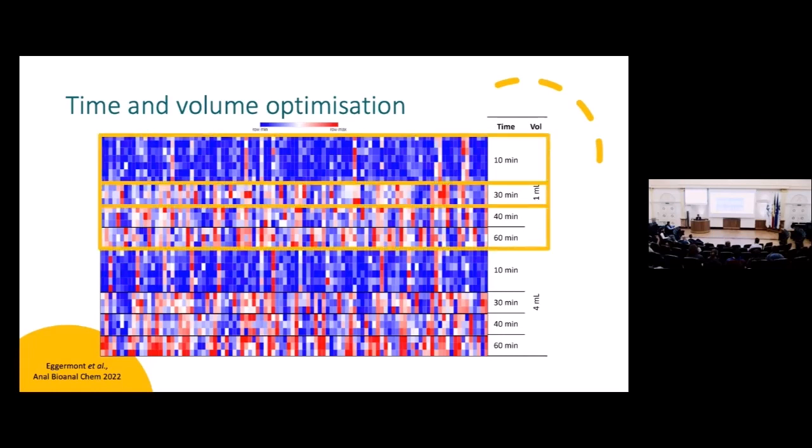We reached the conclusion that the most efficient conditions are 1 milliliter extracted during 30 minutes. We didn't try below 1 milliliter because with less than 1 milliliter, we observed a crust formation, which leads to entrapping of compounds, which may be non-representative of the sample.